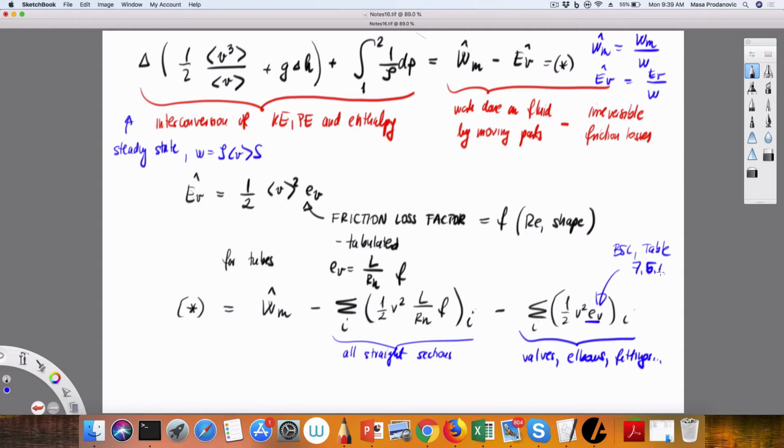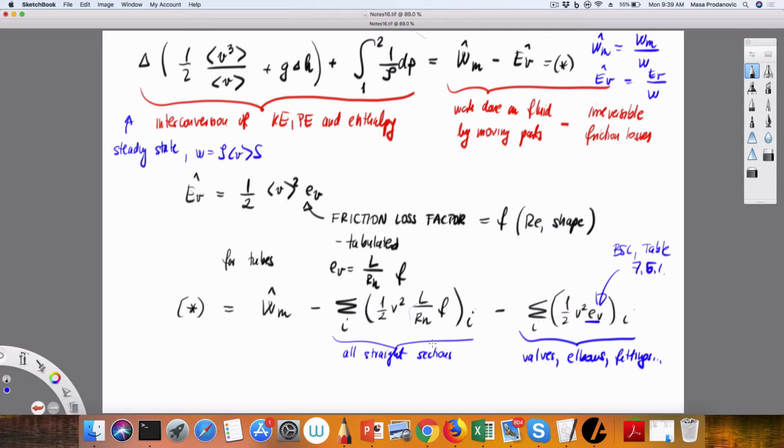So my velocity V is either the average velocity for the straight part or the downstream velocity for some sort of fitting or valve. And the rest I should be able to estimate based on the tube geometries.